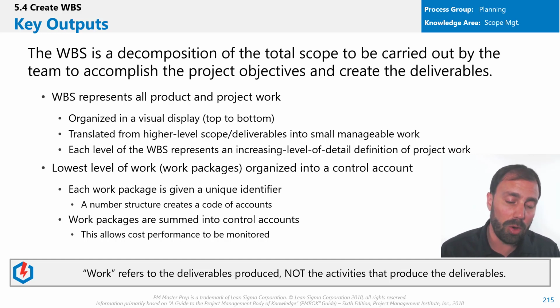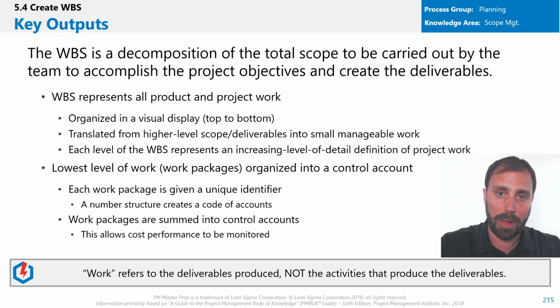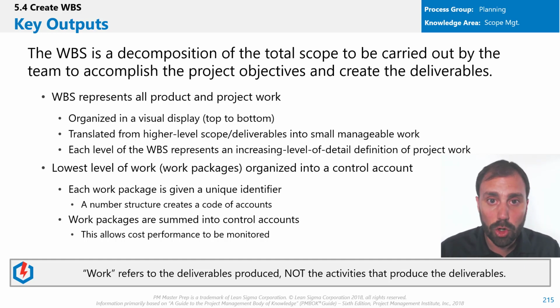When you have this number structure in the organization, the work packages are summed up into control accounts. This allows for the cost performance to be monitored. So if we're going top to bottom, more detail as we go down, the bottom of the hierarchy is the work package. That makes sense. To reiterate, the work refers to the deliverables produced, not the activities that produce the deliverables.